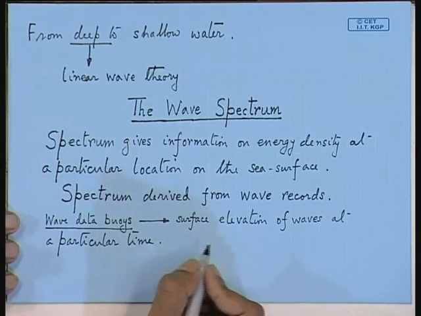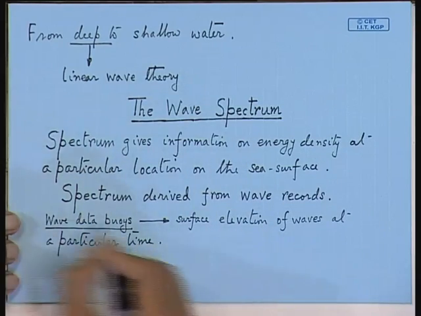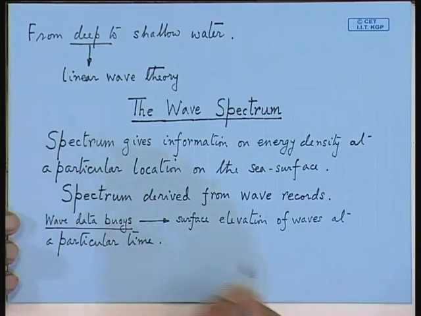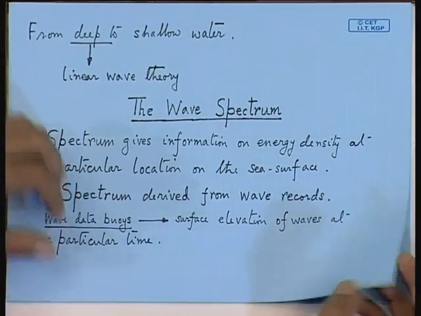If you want to make your spectrum, you have to get data from wave buoys. Wave buoys you will find on the sea, and they transmit data to the shore at specific time intervals. So you record your surface elevation.